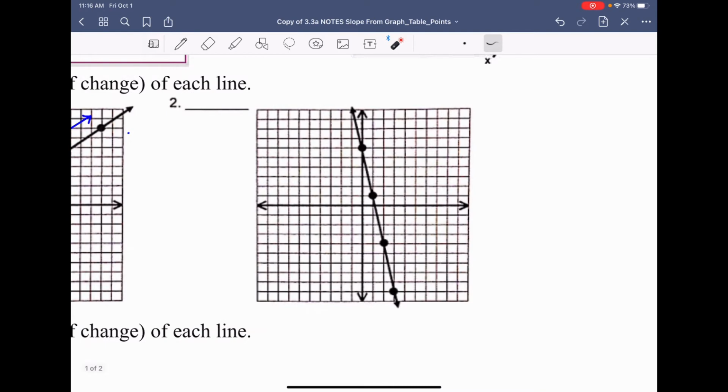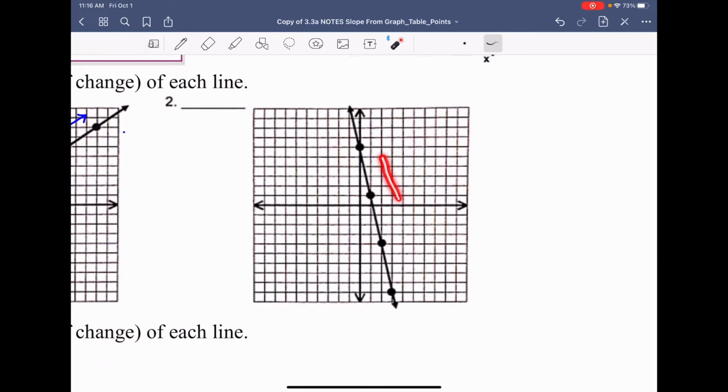So for this one, as I'm looking at it, I notice that my slope is going down. From left to right, it is going downhill. So this is going to be a negative slope. Now I'm just counting the rise over run. When I'm counting from this point to this point, I notice that I fall 1, 2, 3, 4, 5.